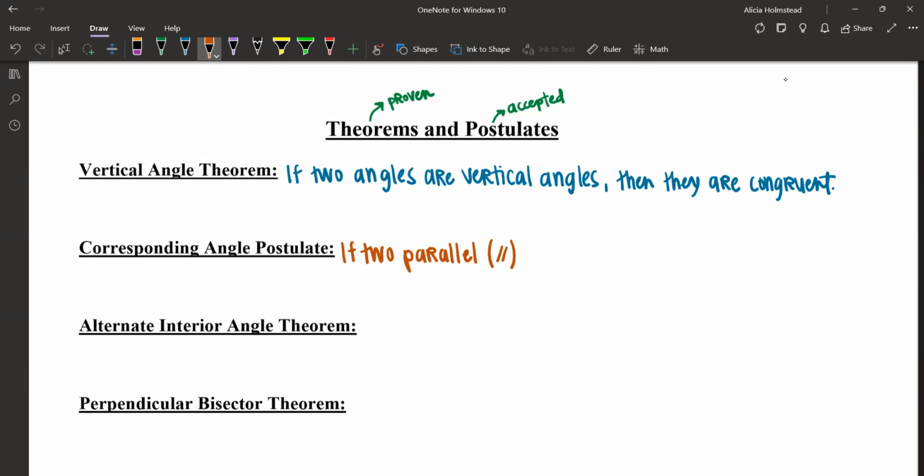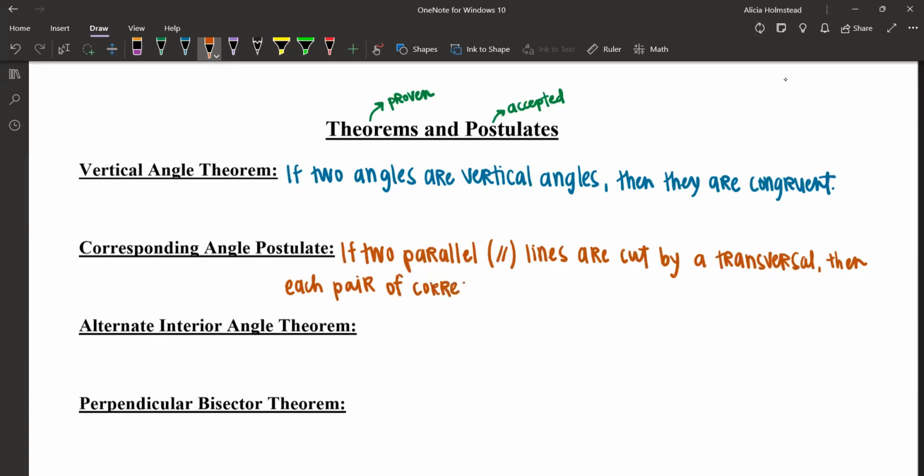If two parallel lines are cut by a transversal, then each pair of corresponding angles is congruent.